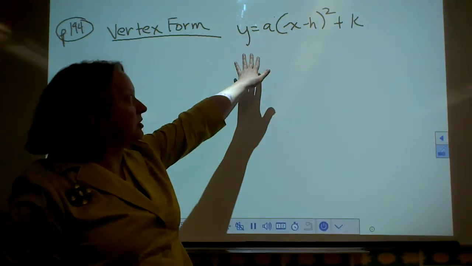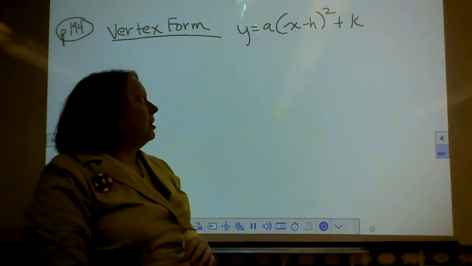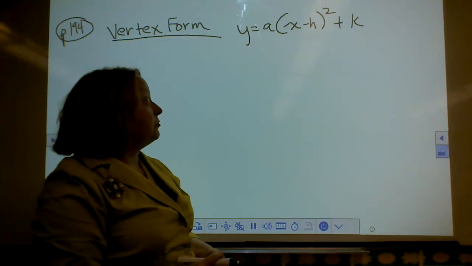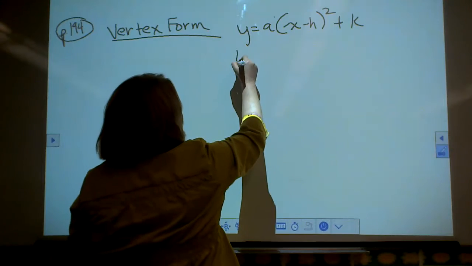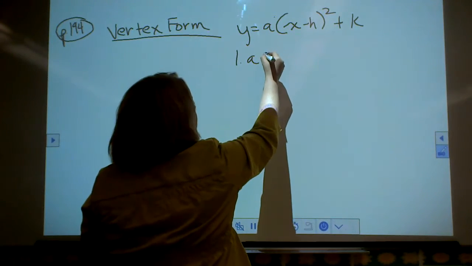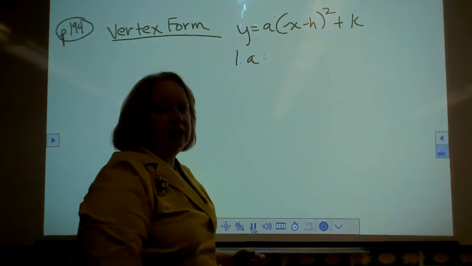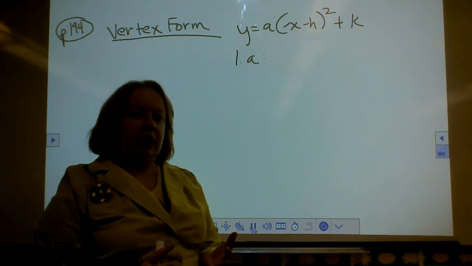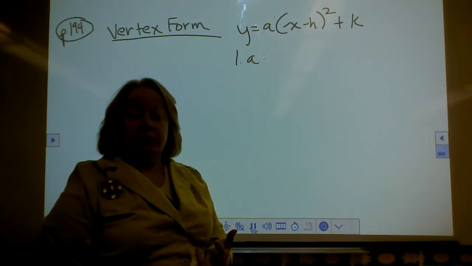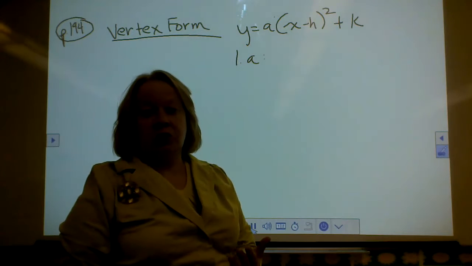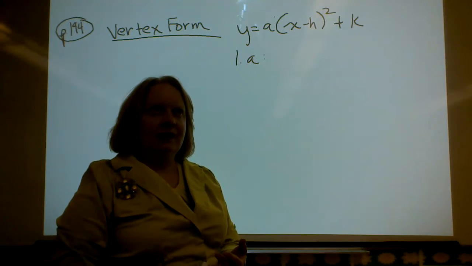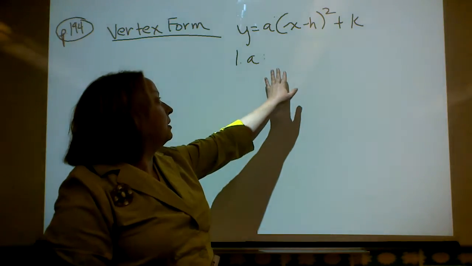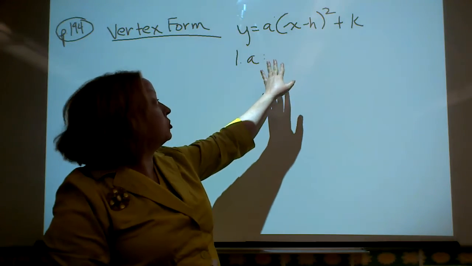Okay, so this is vertex form. So there's 3 things that you can get from this equation. You can look at your a value. The a value is going to determine if your graph opens up or down, and if you have a vertical stretch or vertical shrink.